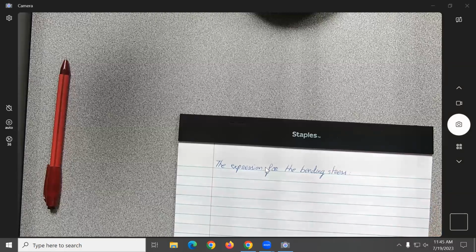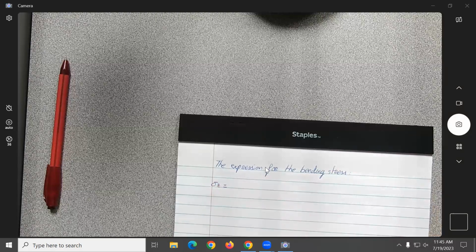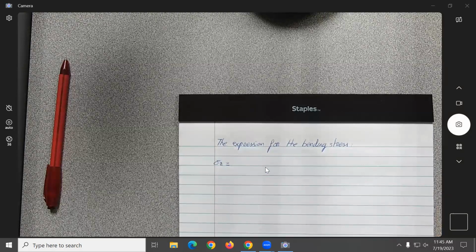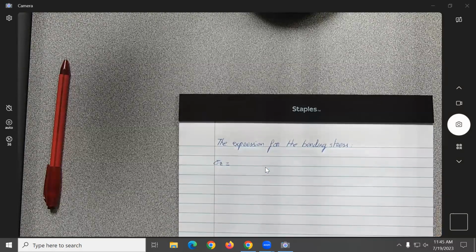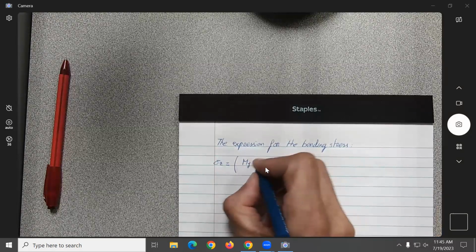This should be equivalent to the one I gave you in the document. I use Z because the stress will always be axial, along the length of the beam. So this will be equal to what?